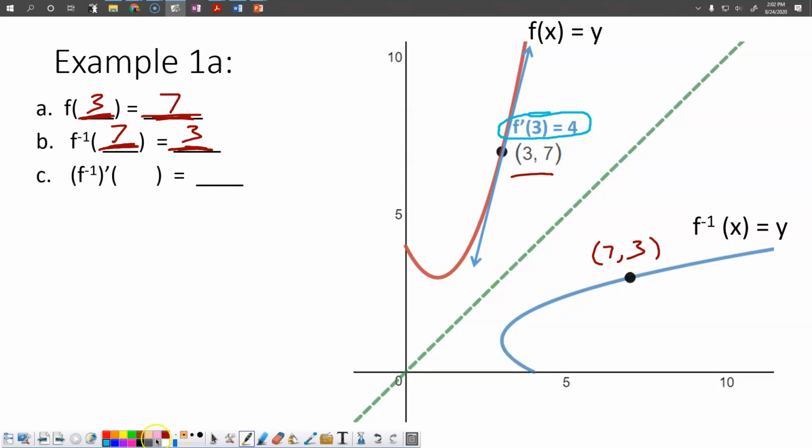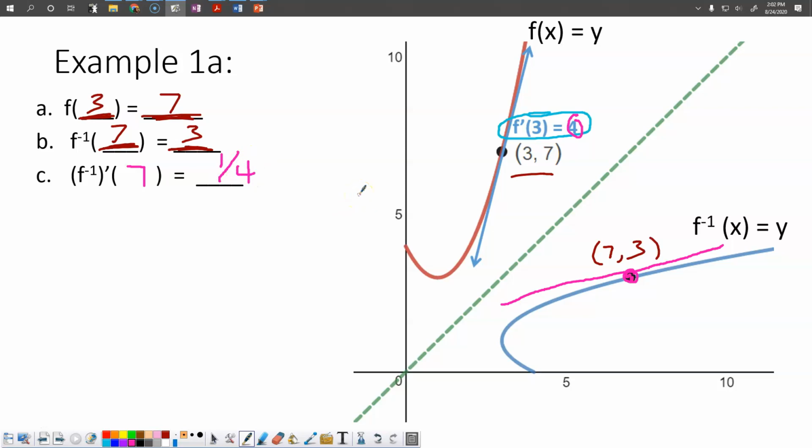Well, because of that, I know what the slope of this function is at this point. And that happens at x equals 7, so it's going to be f inverse prime of 7. And I know that the slope of this pink line should be the reciprocal of this blue line. So the reciprocal of 4 is 1/4.